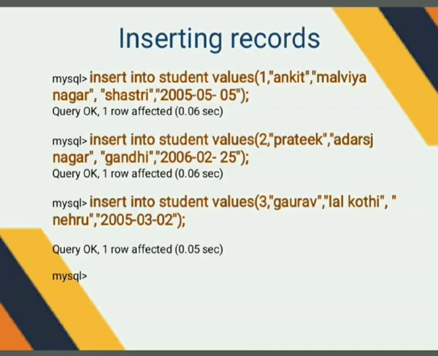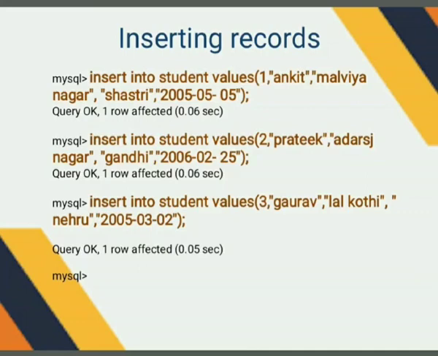But if the data type is char, varchar, date, time, then the values to be inserted are to be placed either in single quotes or in double quotes. Both are allowed. It is not compulsory that we have to put only single quotes or only double quotes. We can put either, and the values are separated by comma.